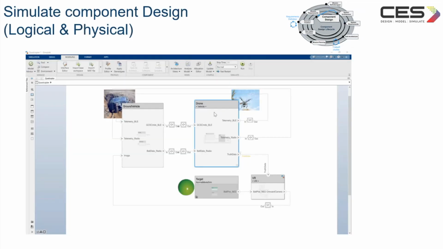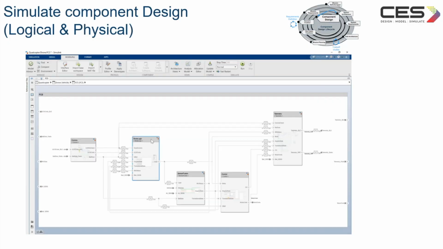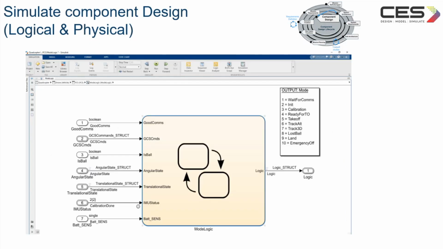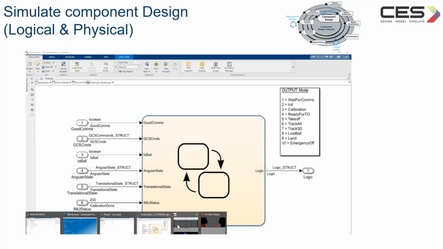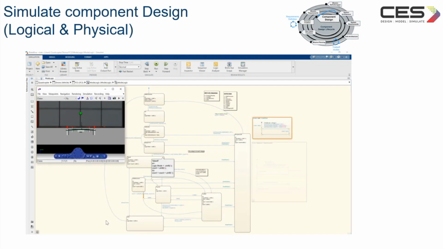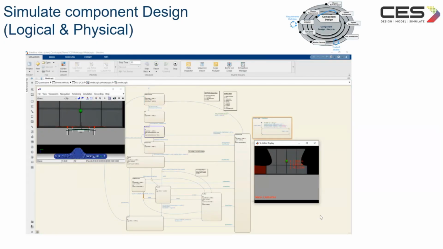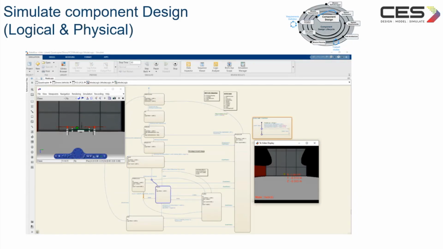Now let's take a look and simulate the component, including the logical and the physical parts. In this example, we are focused on the drone and checking the internal design. This includes the flight control system, the navigation functions, and the operational logic, to check its behavior. The behavior aspects are represented through state-based logic.